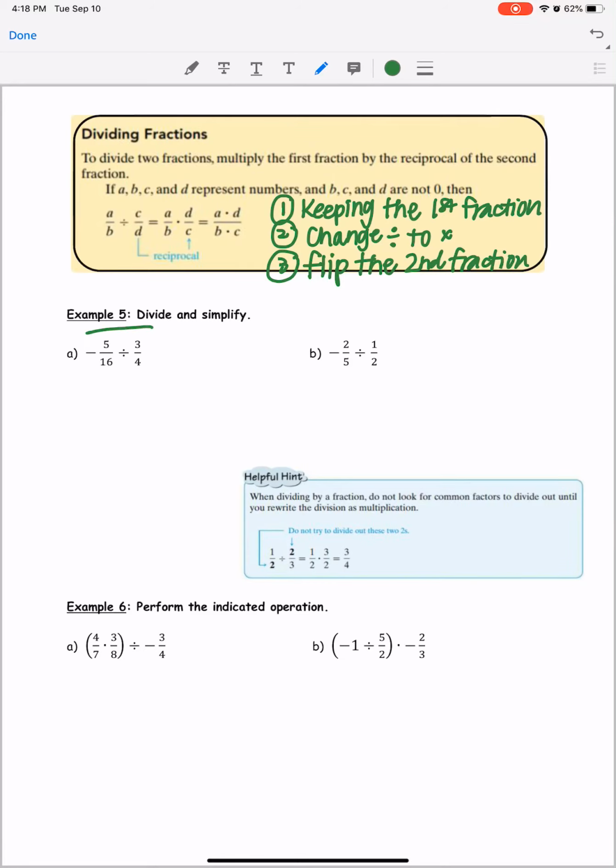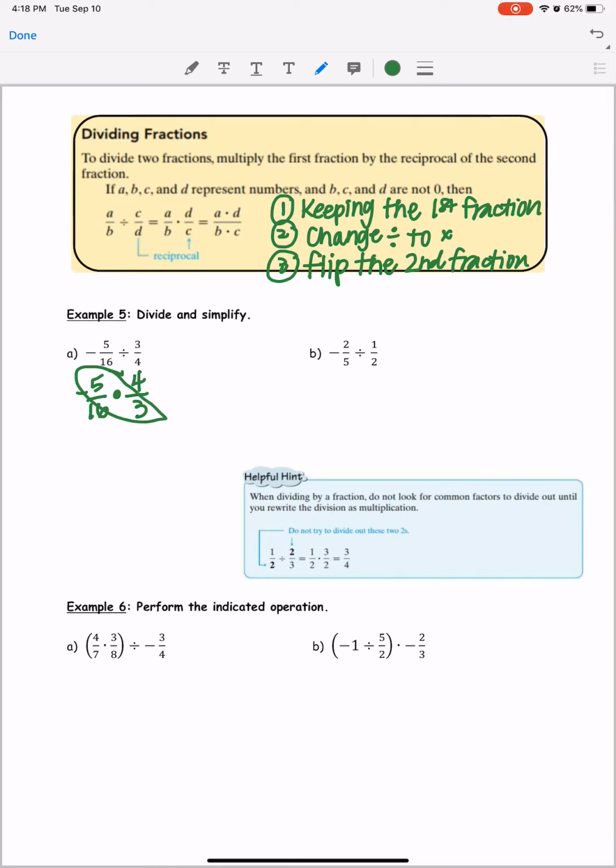Okay, so let's try it on this one here. You're keeping the first fraction, so this negative 5 over 16 comes down. Changing division to multiplication, and then we are flipping this fraction. So instead of it being 3 over 4, now it is 4 over 3. So see if we can cross reduce.